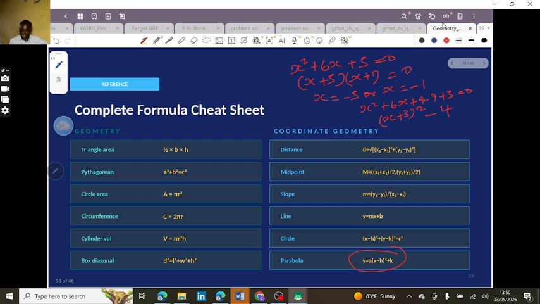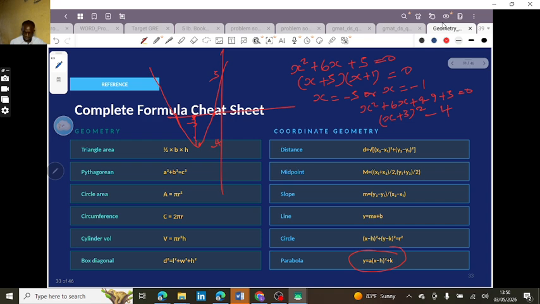Vertex form simply means that when we sketch this graph, it will pass through minus 5 and minus 1. It's going to turn at minus 3, and the value at that place is going to be minus 4. So this is going to be something like this, where this place is minus 3.